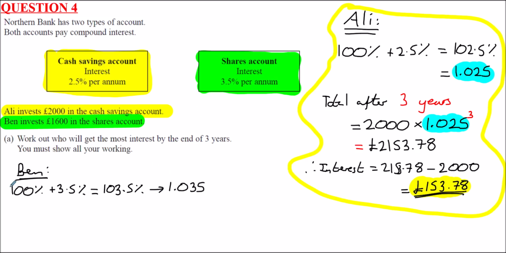So now, Ben's total after 3 years will be what he started with, which is the £1,600 multiplied by this decimal multiplier of his to the power 3, because it's 3 years.